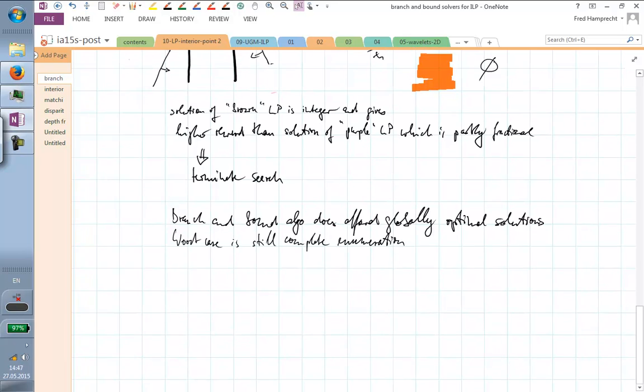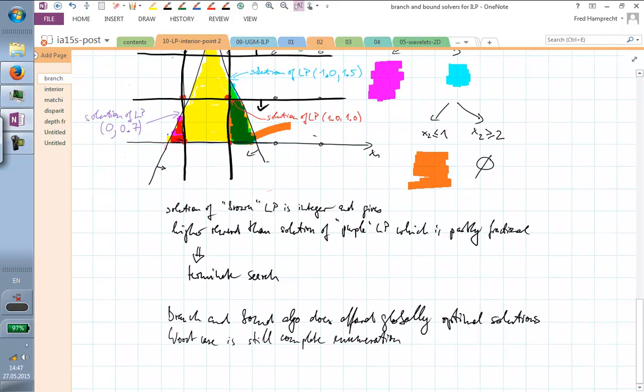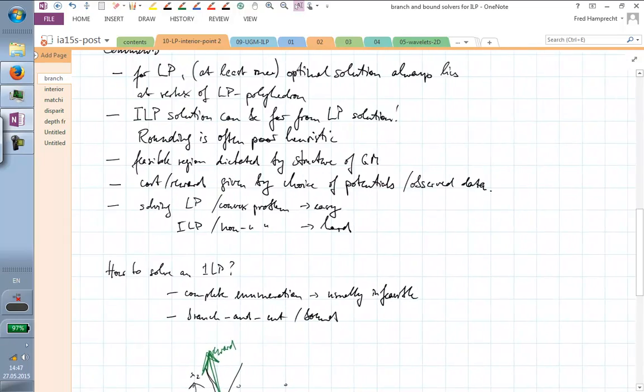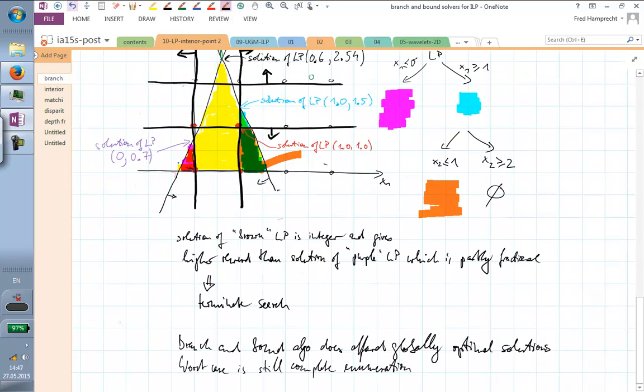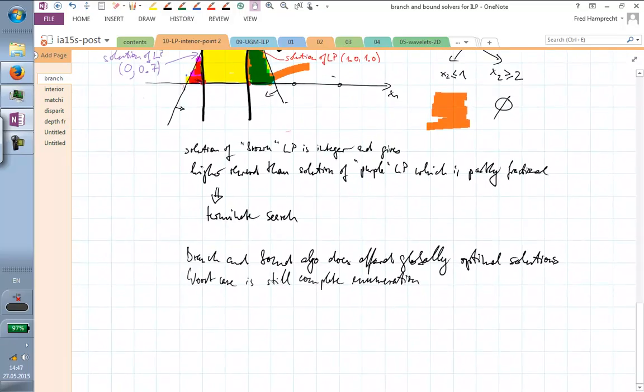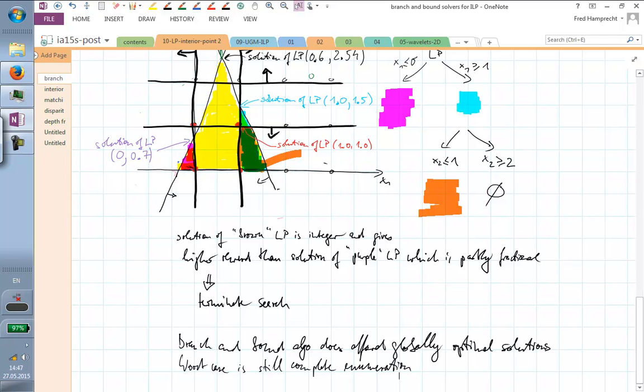Because if I had chosen a different cost vector, if I had chosen my tricky cost vector from above, the one which was lying in this special region here on the left, then I would have had to exhaust my tree completely. And here this is an innocent example with just two variables and very few constraints.